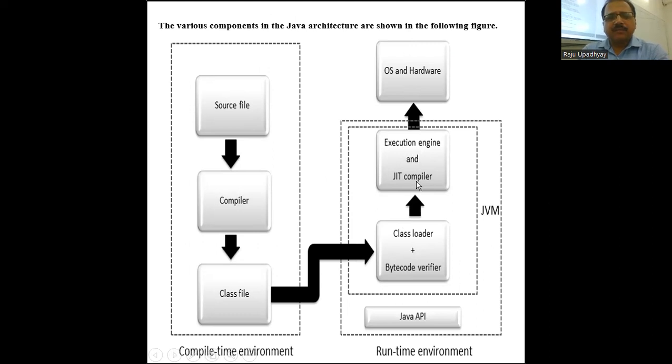and JIT compiler. So let us understand what basically the execution engine and JIT compiler are. The Java execution engine acts as an interpreter. The real work is being done by your execution engine. Whatever bytecode the class loader has loaded to run, which has already been verified by the bytecode verifier, goes to the execution engine, right?